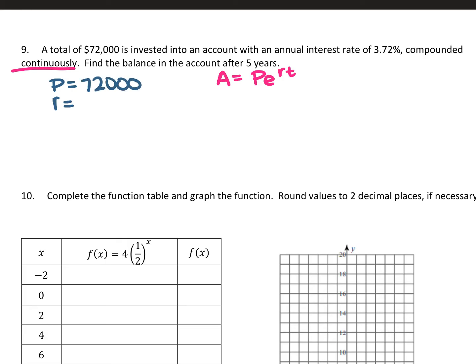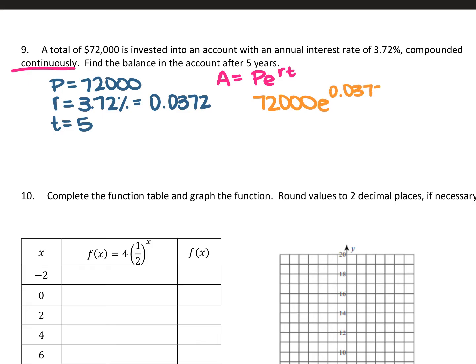Your rate is the 3.72%, which gives you 0.0372. And then your time is 5 years, so that's 5. So you are going to have 72,000 times e to the power of 0.0372 times 5.